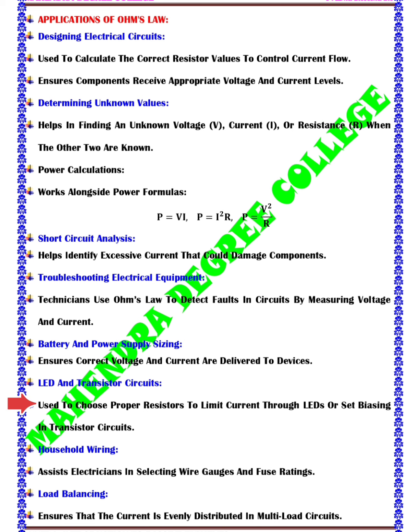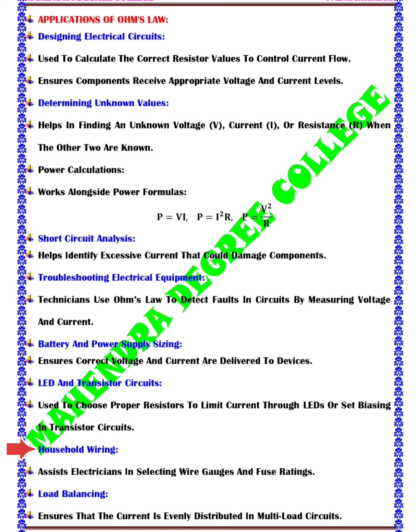While Ohm's law can help calculate the resistance needed to limit current in an LED circuit, LEDs are not ohmic components, meaning the relationship between voltage and current is not linear. Transistors also have nonlinear current-voltage characteristics.